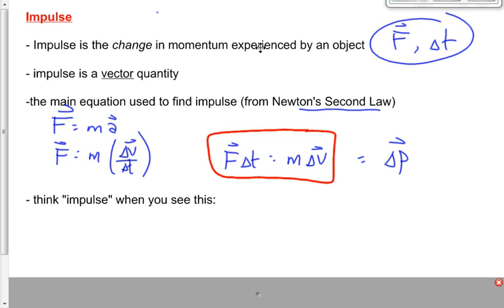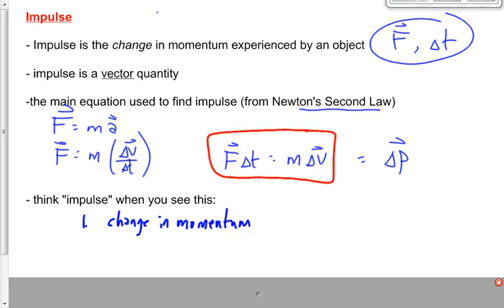But there's more subtle questions, more subtle situations in which we're going to use that equation as well. Okay, if you see the words change in momentum, or momentum gained, or momentum lost, then we're going to use impulse.